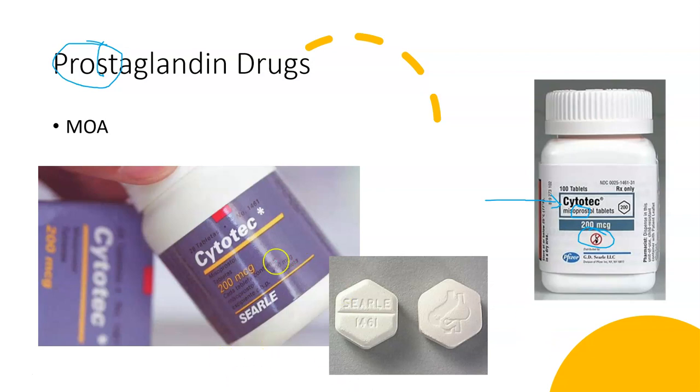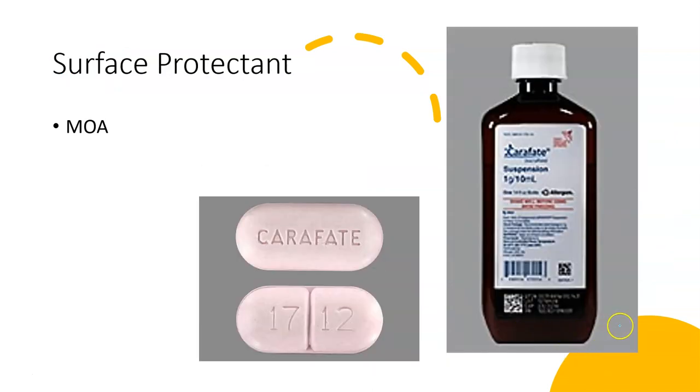But I do like the old drugs, when it was made by Searle, actually had a picture of the stomach on there. It told you what it's being used for. So misoprostol is Cytotec. It is a prostaglandin agonist or a prostaglandin drug, and it helps to treat ulcers or prevent ulcers, drug-induced ulcers.